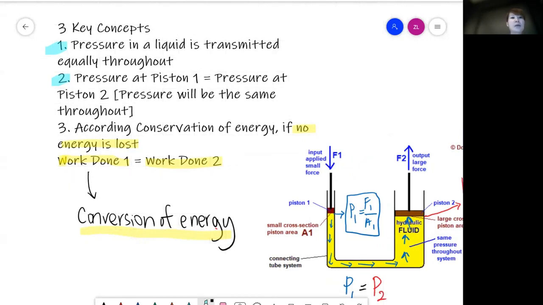We also know that if we apply the conservation of energy theory, assuming no energy is lost to the surrounding, then whatever energy is supplied at piston 1 will be equal to the energy output at piston 2.